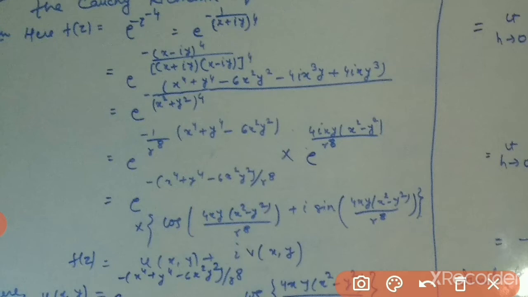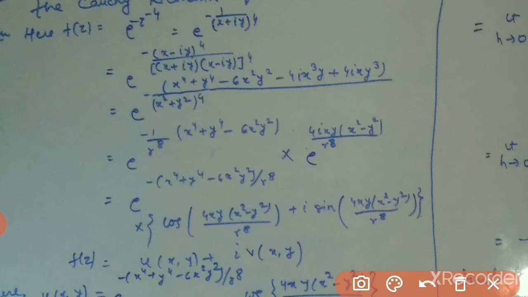And since the second function is imaginary, we write it in the form of cos x plus i sin x. So here we write cos(4xy(x^2 - y^2)/r^8) plus i sin(4xy(x^2 - y^2)/r^8).